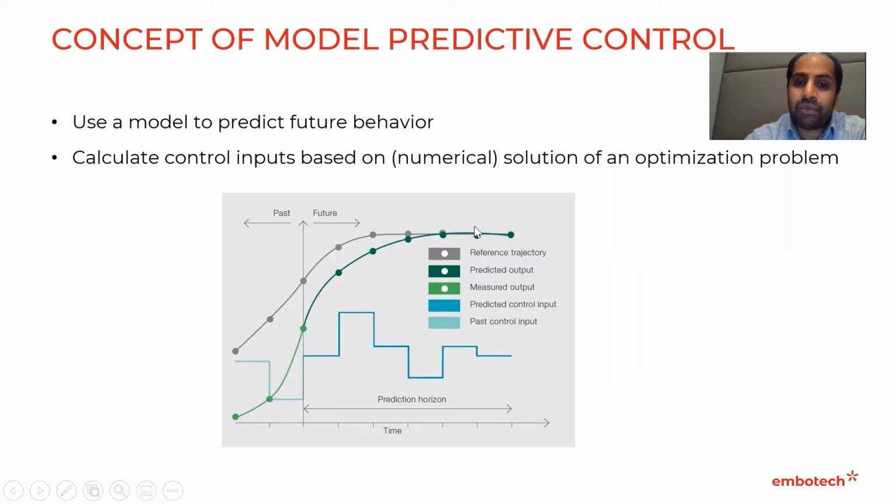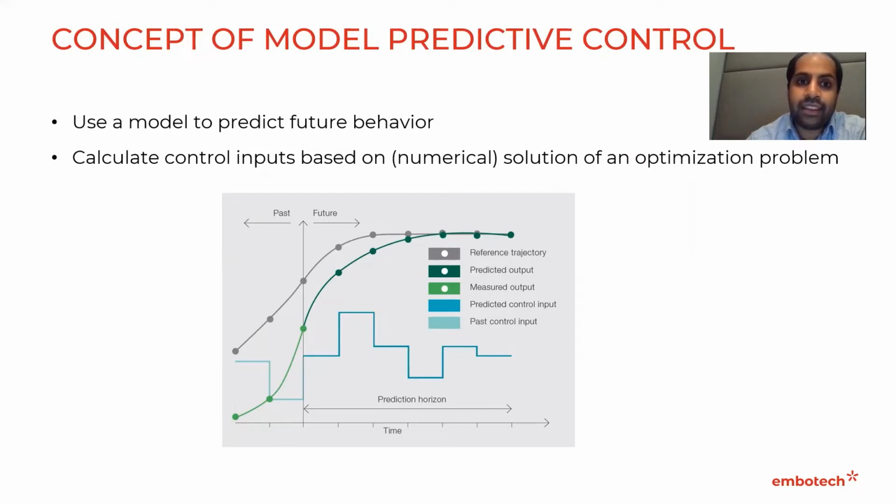The optimization problem tries, for example, to minimize the deviation between the predicted outputs and the reference values. You set this task up as an optimization problem, and then you solve it. By that, you get the best possible control inputs, for example, to be as close as possible with the predicted outputs to the reference trajectory.